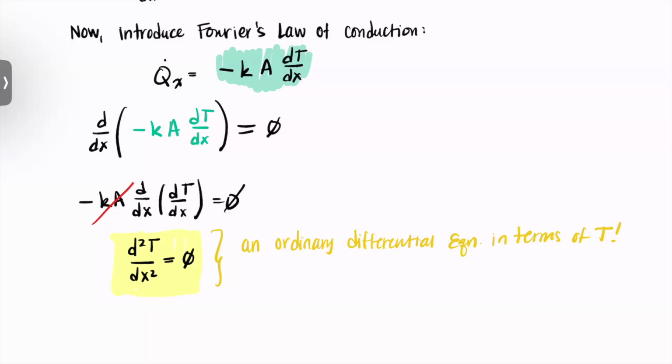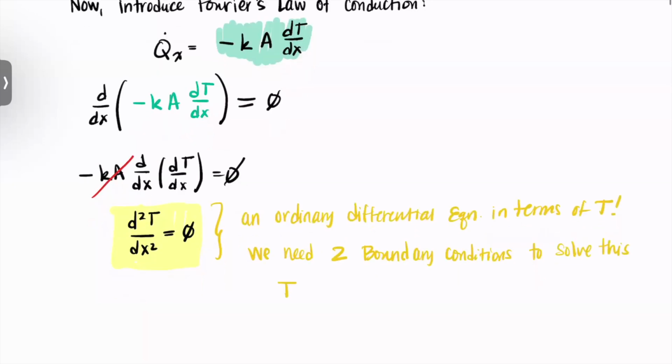Okay, so we need two boundary conditions to solve this. And fortunately, we have them. So we have the temperature at x equals 0 is T1, that's known. And we have the temperature at x equals L is T2, and both of these things are known.